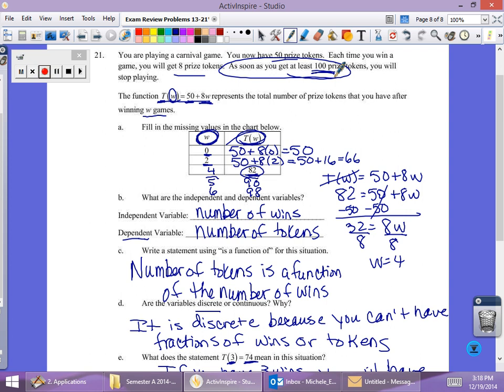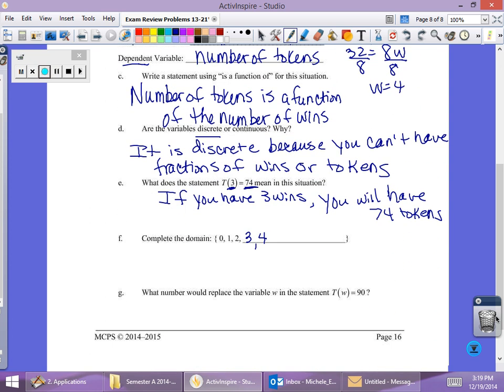So it's when I play that last game, when I finally play game 7 and win, and add 8 more, and I end up with 106 tokens, that's when I'm going to have to stop. So the most that I can have in wins is 7. So my domain continues 5, 6, but it must stop at 7.